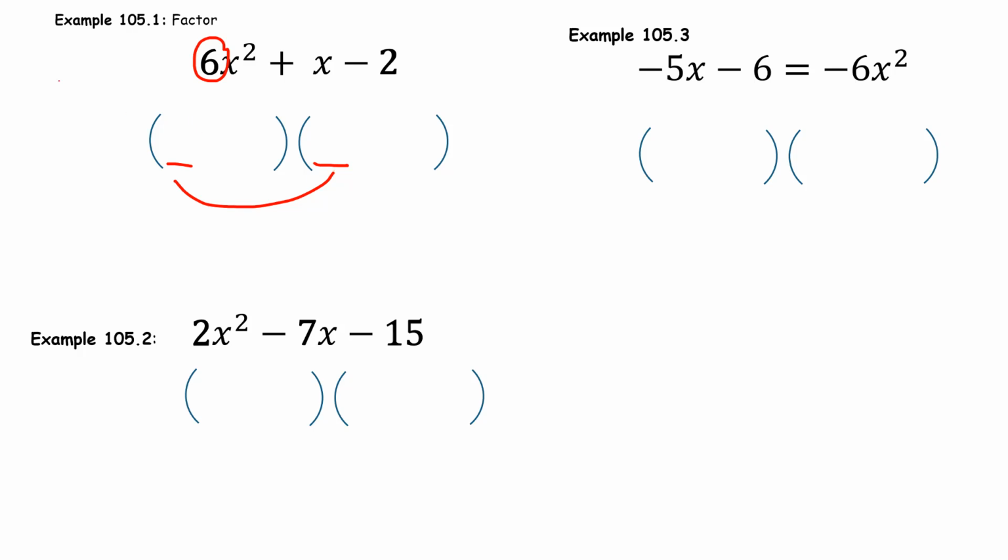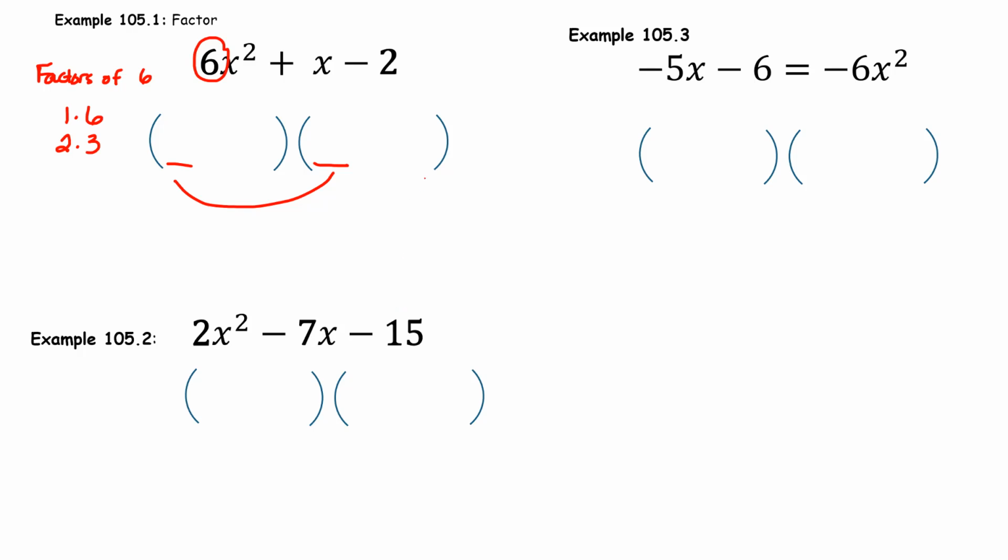So we need the factors of 6. The factors of 6 are 1 times 6 and 2 times 3. Those are the ways you can factor 6. So we can try either one. Let's say we try 2 and 3.